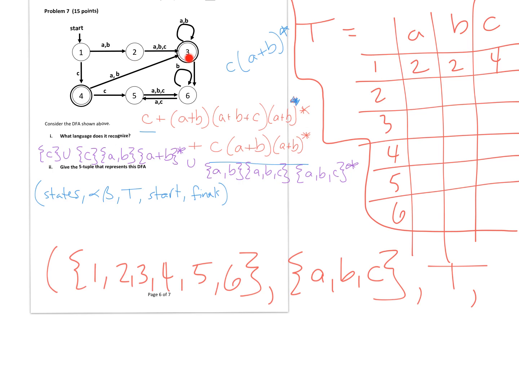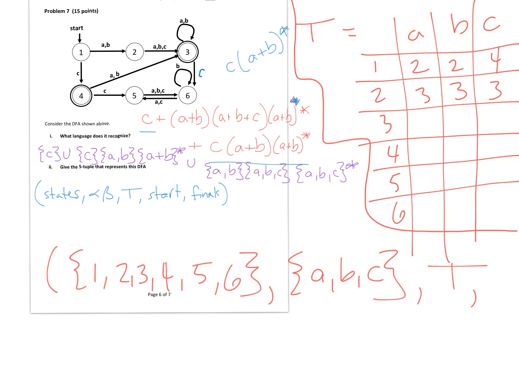For state 2, we go to state 3 no matter what. So state 2 goes to 3 on an A, 3 on a B, and 3 on a C. State 3, we stay at state 3 for A and B, but we go down to state 6 for a C. Oh yeah, there was a typo in this exam. There should have been a C right there, and I announced that in class during the exam.